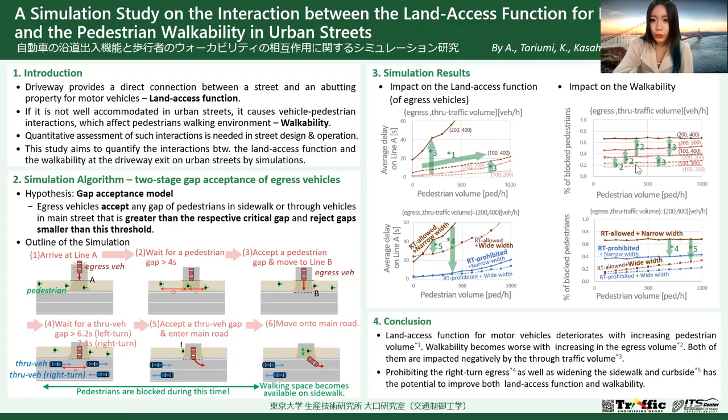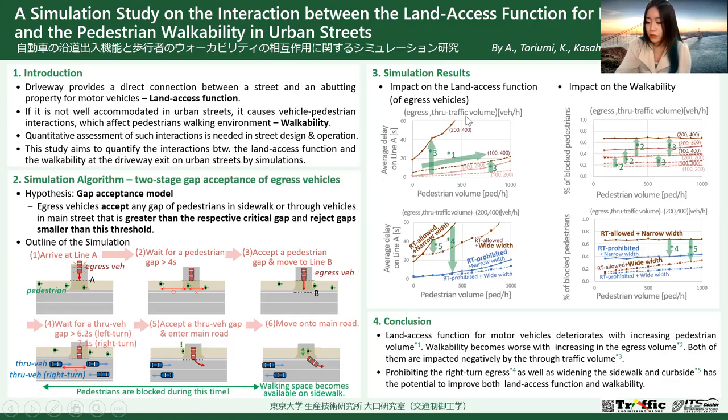And then we could analyze the simulation result and the conclusion from two aspects. The first is the impact on the line of sight function of the egress vehicle, and then the impact on the walkability. So firstly, we could see the left figure.